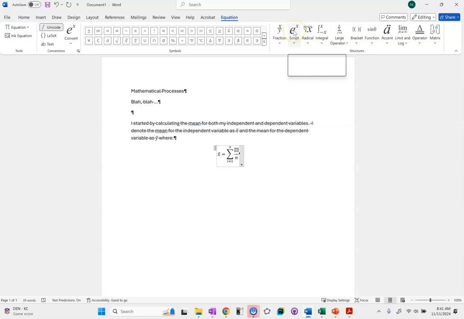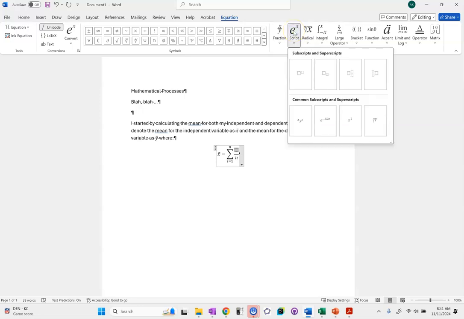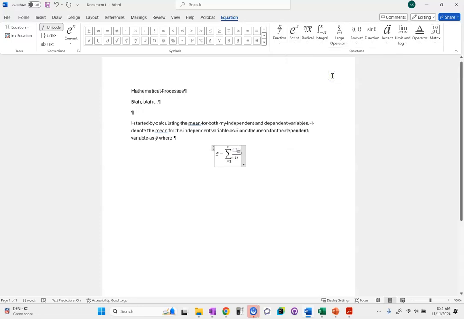And the thing that we're counting here is going to be the xi's. So to get a subscript, to type in xi, I'm going to pick the script button, pick the subscript option, and then just type in xi.